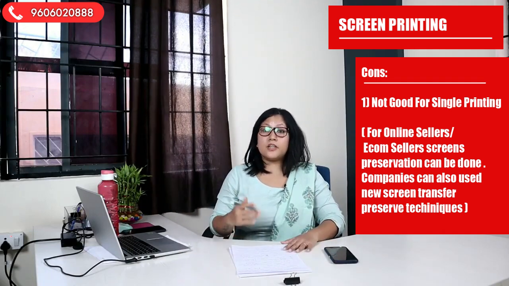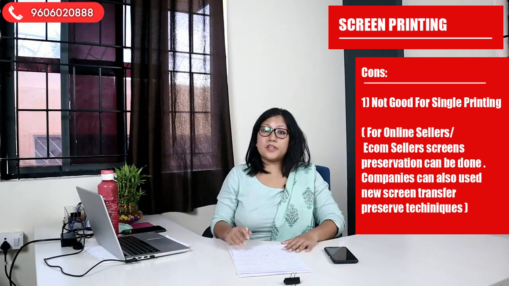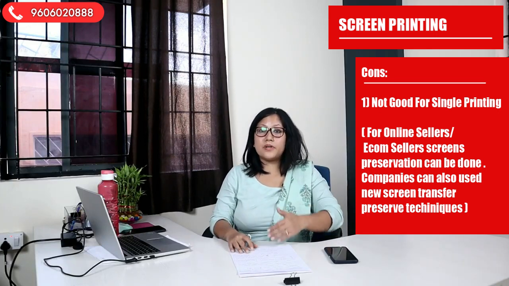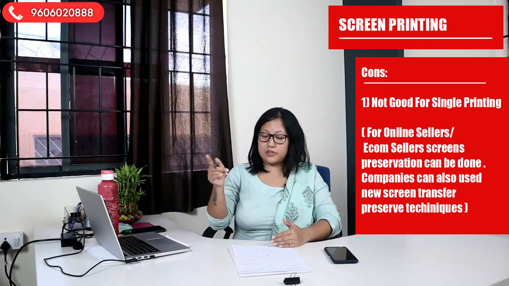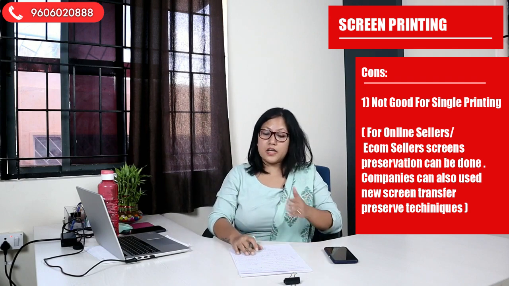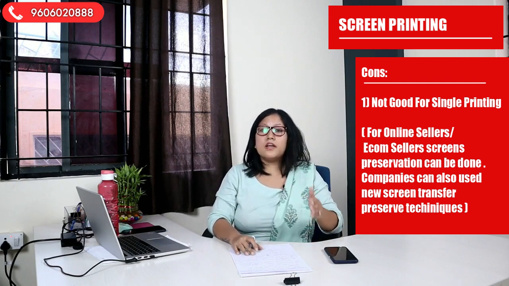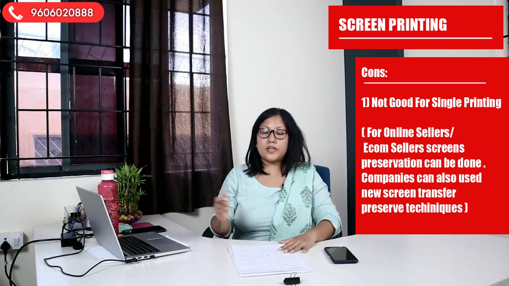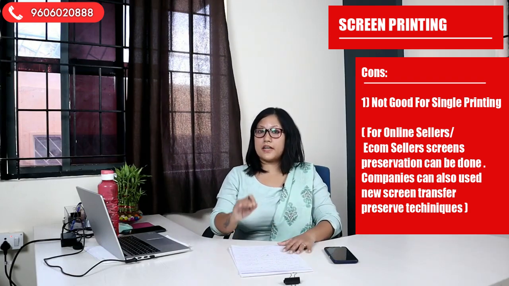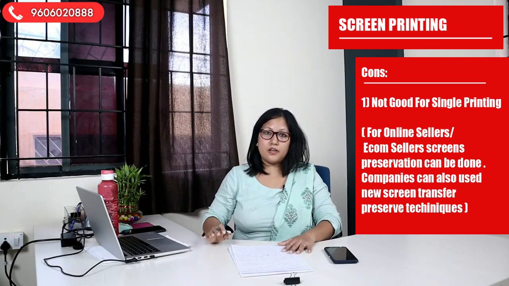So you can go for the transfer printing process, that is through screen printing, not the heat transfer or sublimation transfer process. It is a separate process, the screen printing transfer process. With the help of film you can do the transfer process, and that film you can preserve.